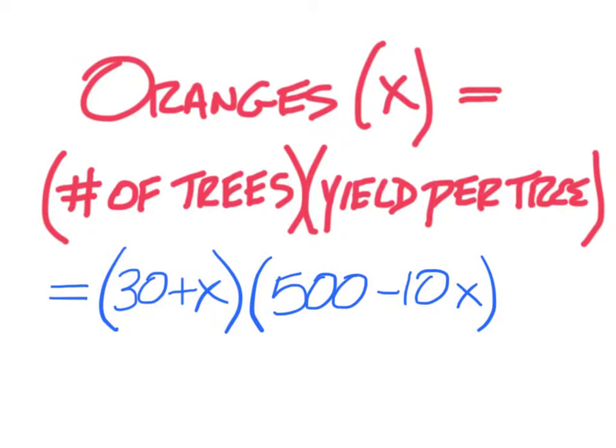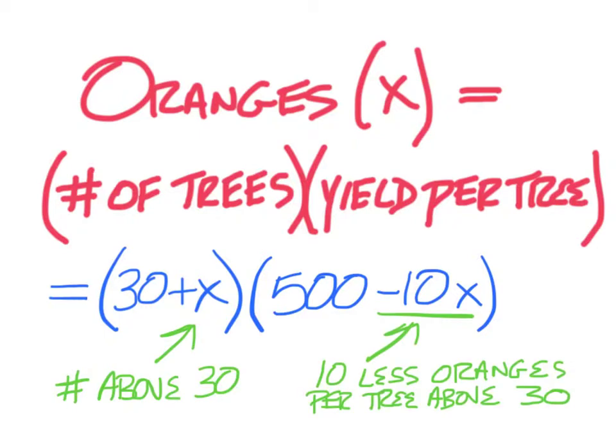So it only makes sense that you start with 30 plus x. That's the number of trees total. And then 500 per tree, but it's going to go down 10 for every tree that you plant after 30. So that's the above 30, and that's 10 fewer oranges per tree.